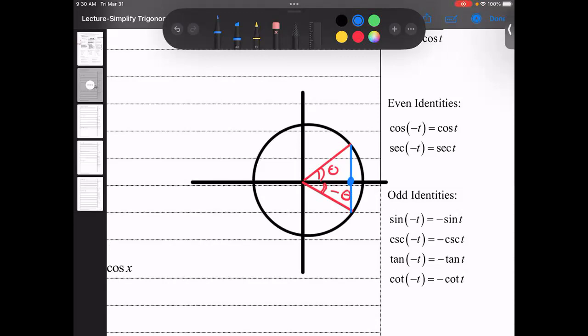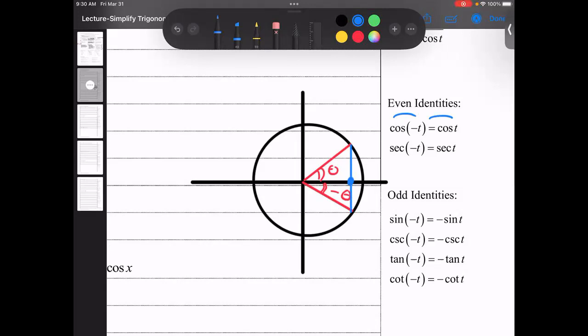I don't care whether you pick the positive angle or negative angle, because it's quadrant 1 and quadrant 4, the x-axis is a positive value. So cosine is positive. If you see cosine of negative theta, it automatically becomes positive, because the two outcomes are the same. You don't believe me?